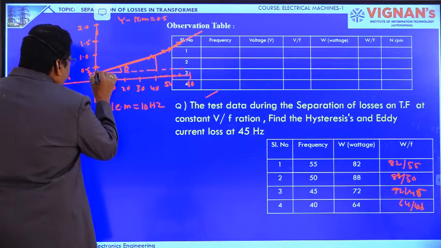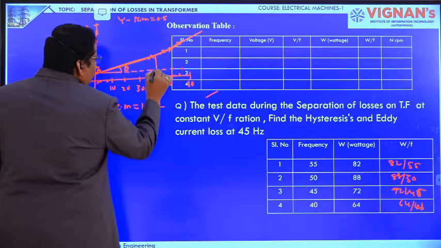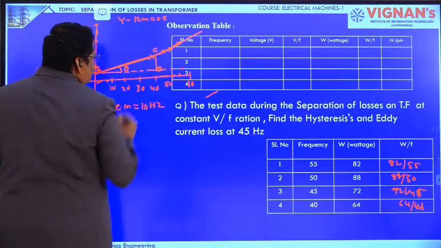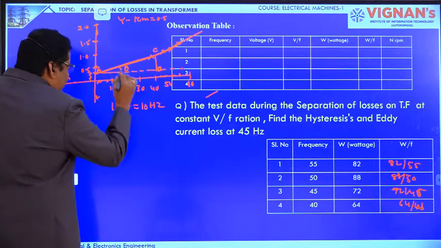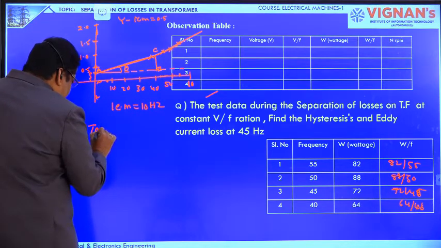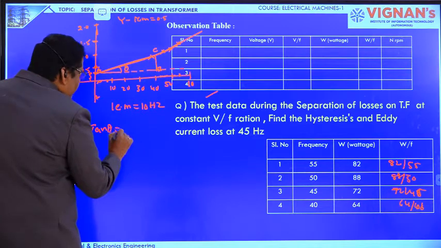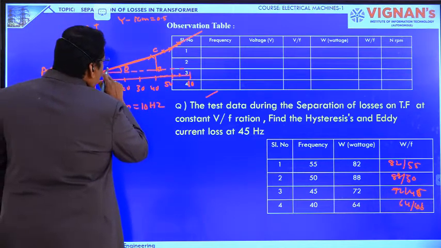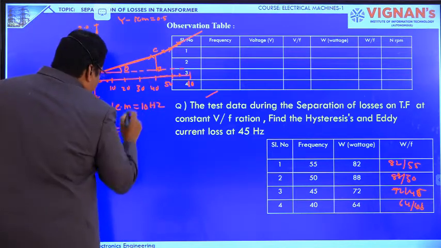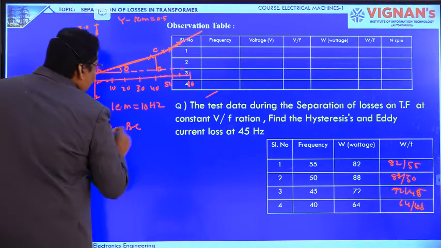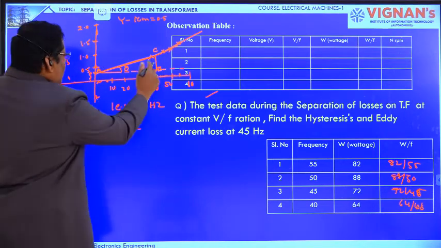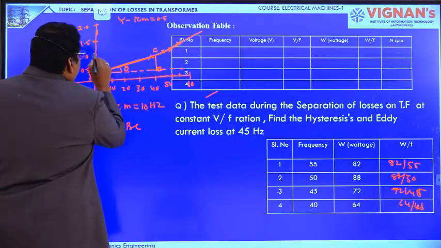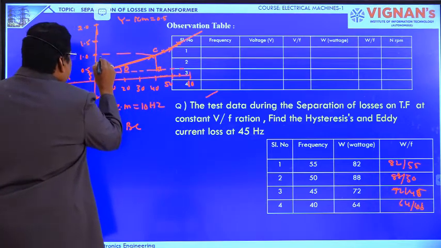Here, this point you take as A, this as B, this as C. In this triangle, tan theta equal to BC divided by AB. Measure the length BC from this point to this point.